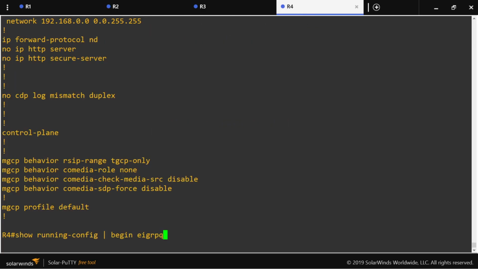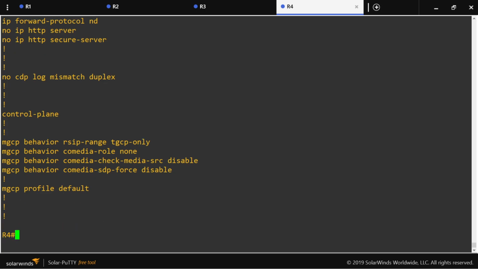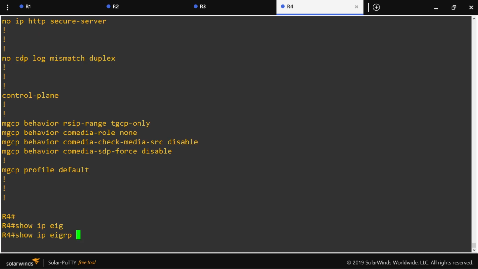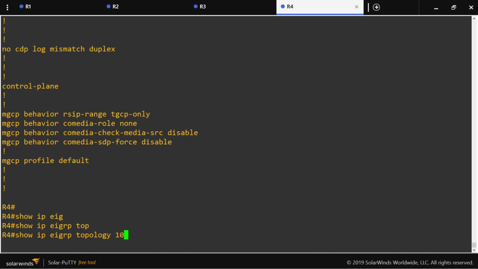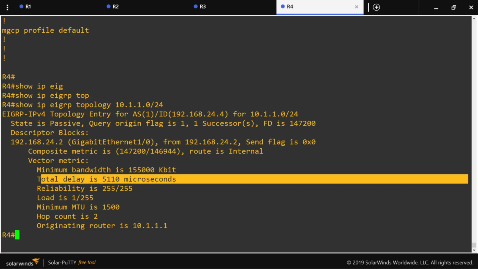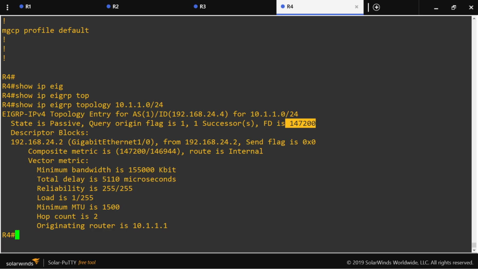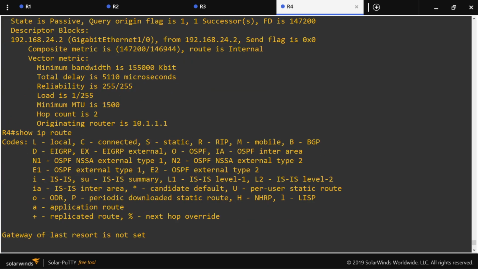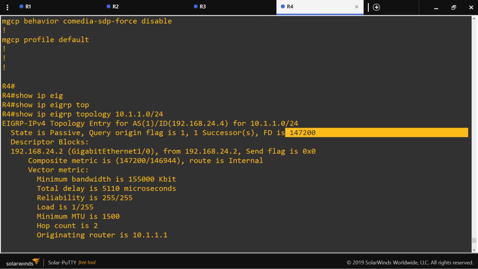Let's go to Router 4. We can see also here that the delay is given in microseconds and that the feasible distance is a short number, and the metric is the same as the feasible distance.